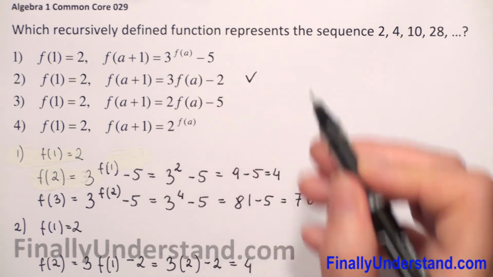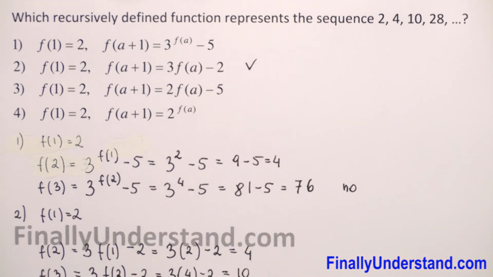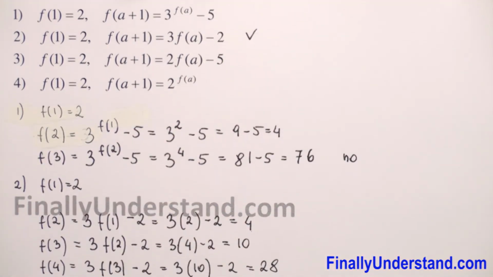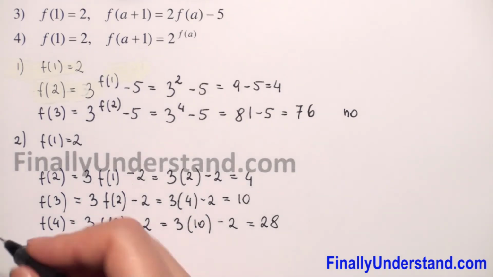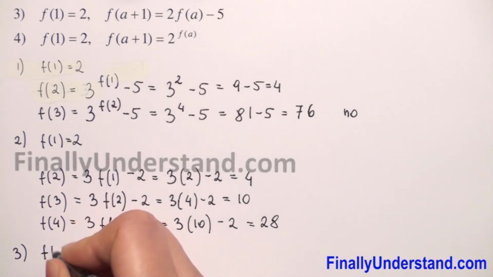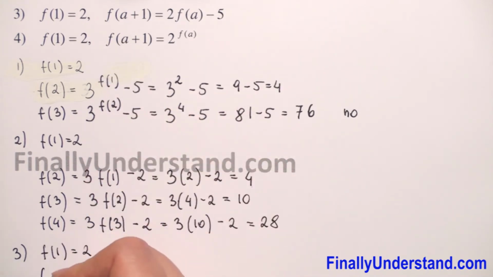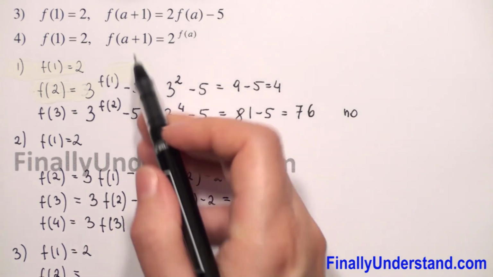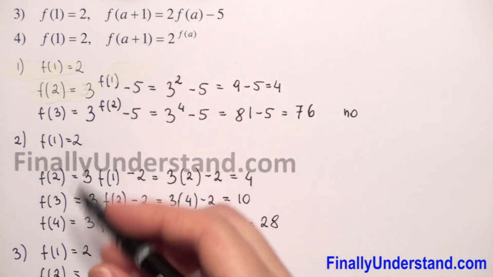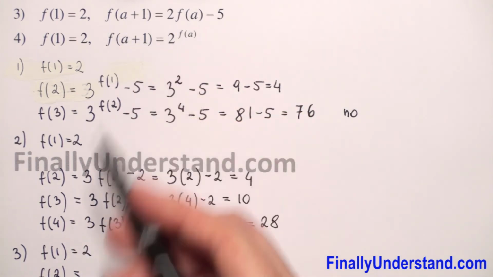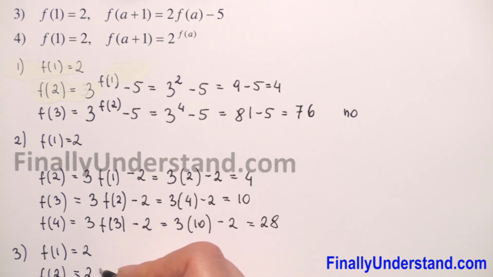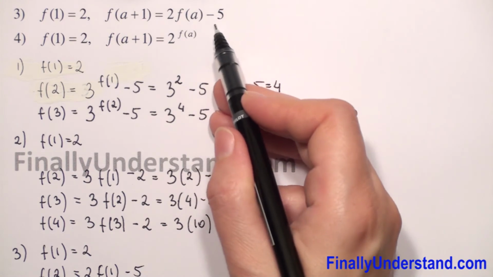This is correct. Let's see what happens when we take the third statement. F of 1 is equal to the first term, and the next term is defined by this formula. So this is 2 times f of a, so the term before f of 2 is f of 1, minus 5, we copy.